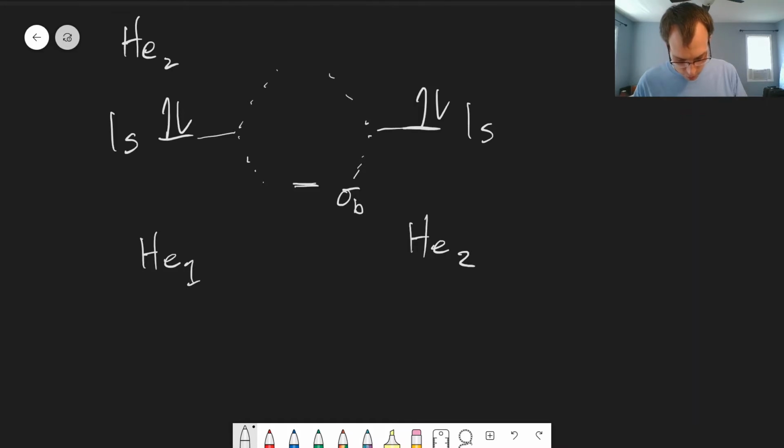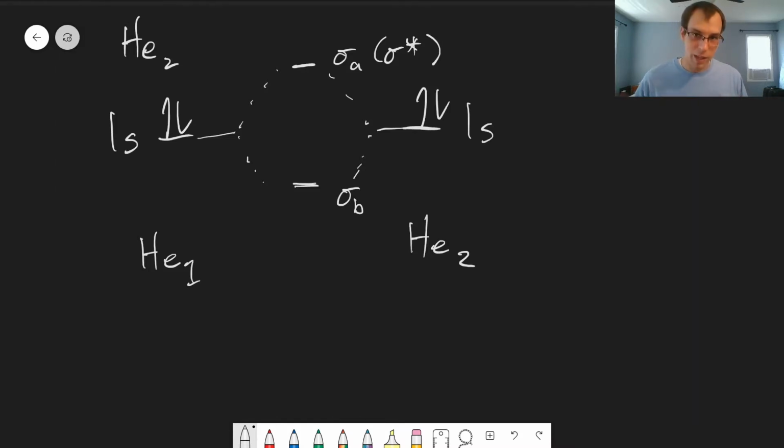And we have our anti-bonding orbital, sigma A, or sometimes also written as sigma star, that is higher in energy. This is the orbital where the electron density is lower between the two nuclei and the energy is higher than our separate electrons.